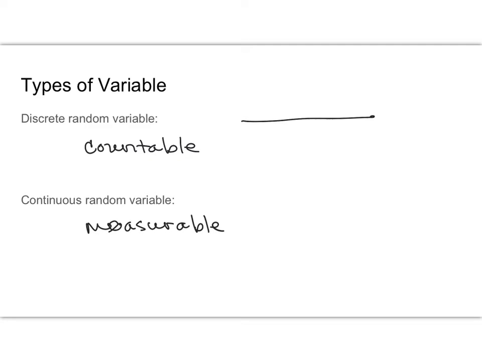Furthermore, to illustrate this point, if I were to draw on a number line and I wanted to represent discrete, countable numbers, it would look like this. I'd have points, and in this case, I have points at all the integers.